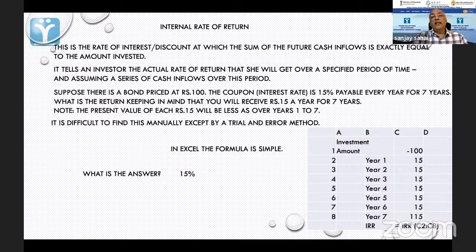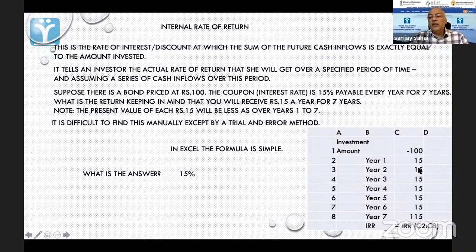So you may not realize this. So if you're paying 15%, you will not probably think that this is going to be exactly equal to the discounted value of the interest that you will receive over the period of the debt instrument.